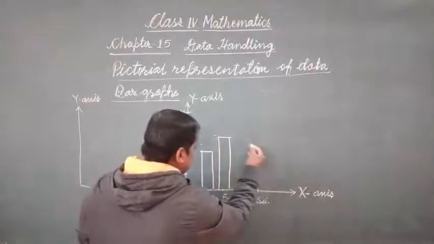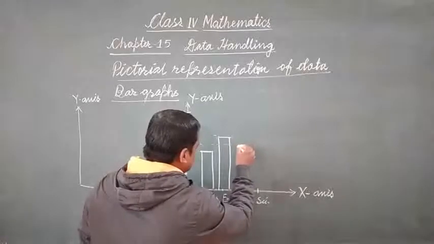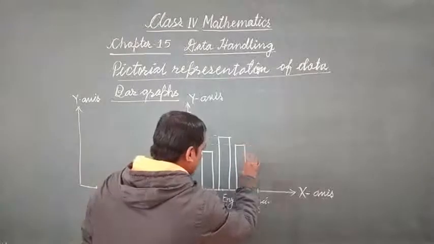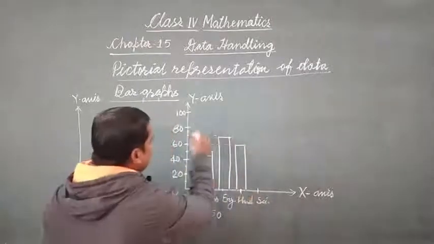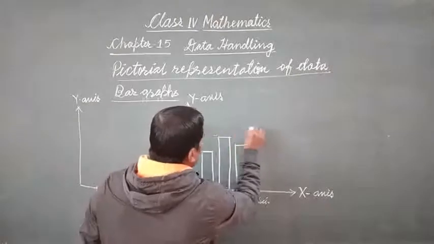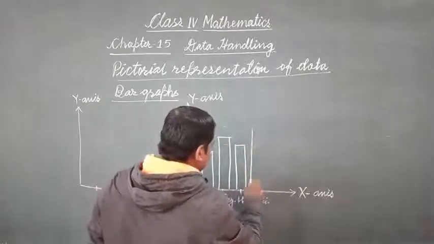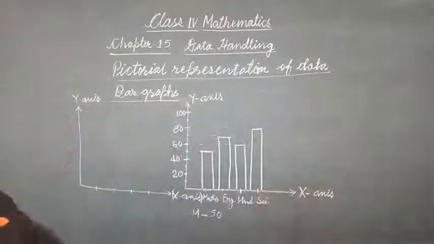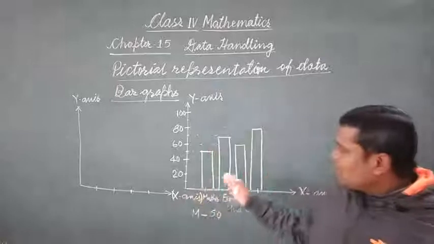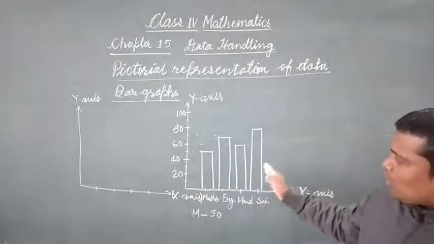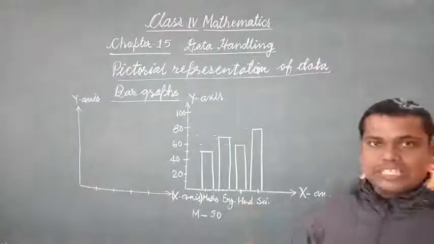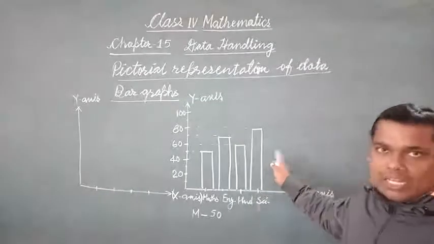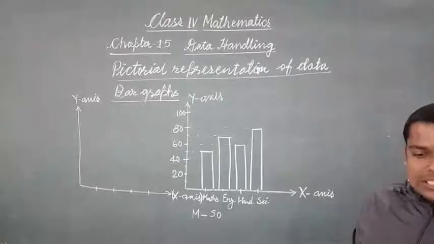Suppose 60 students passed in Hindi, then we can draw the bar like this, and 80 students passed in science, then we can draw like this. So these are the bars drawn for the number of students passed in the given subjects. This type of graph is called a vertical bar graph. Is it clear?